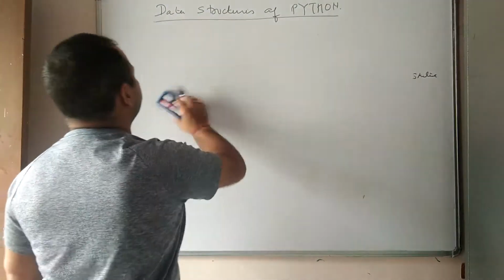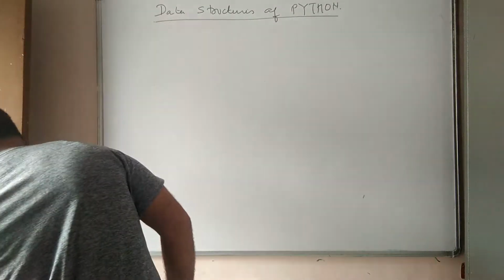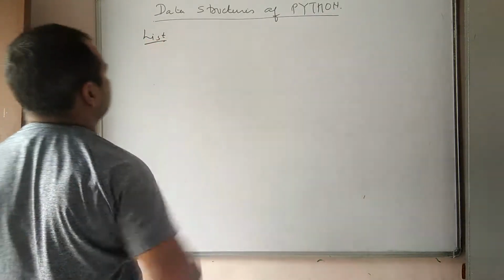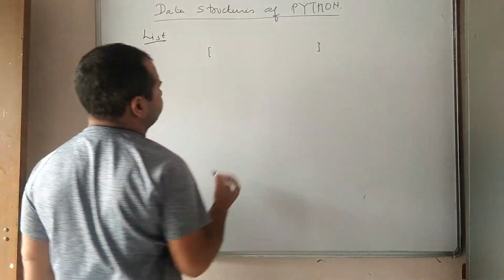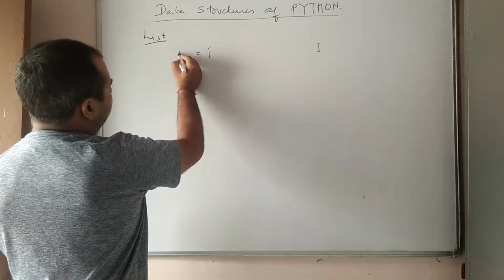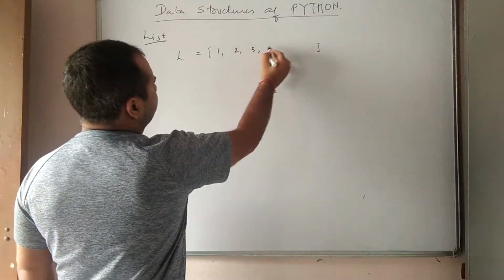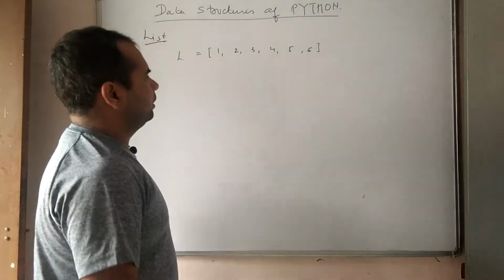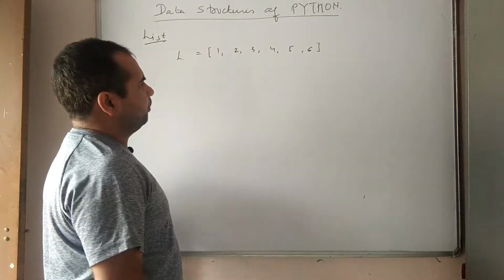So basically, what is a list? A list is denoted by square brackets, and if I write L equals 1, 2, 3, 4, 5, 6, it is a list which contains these data points.